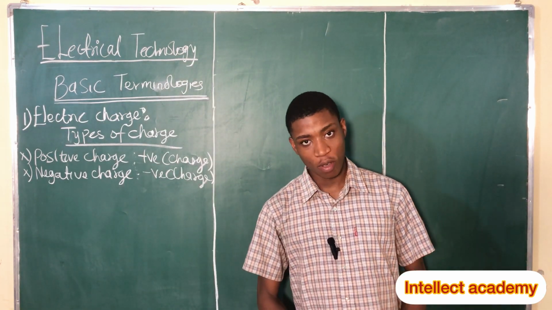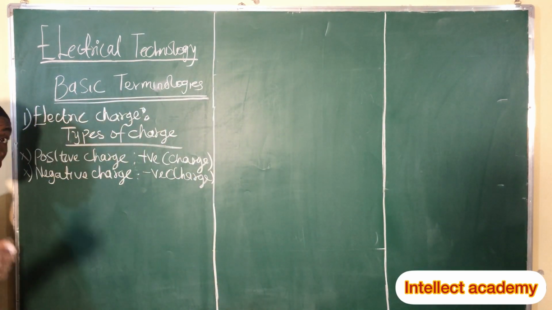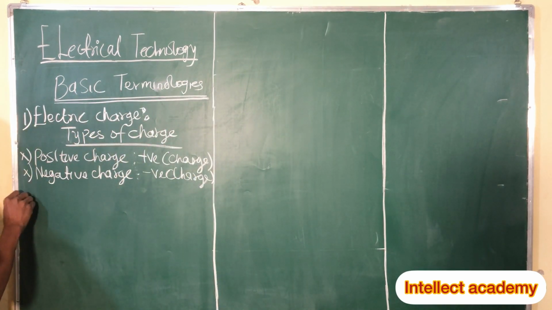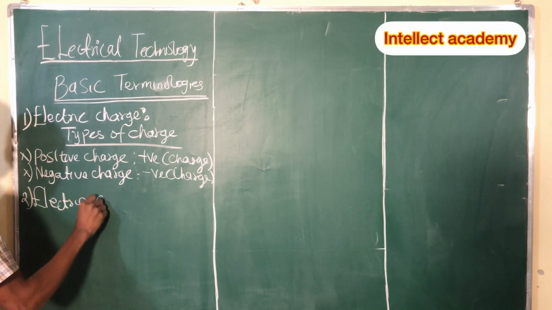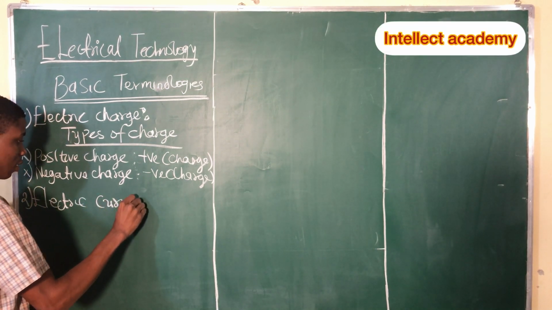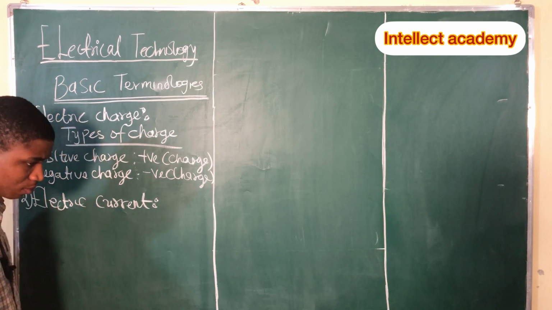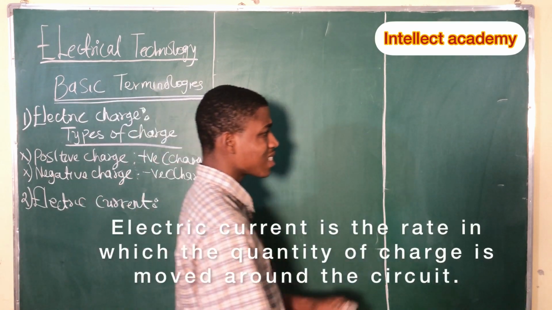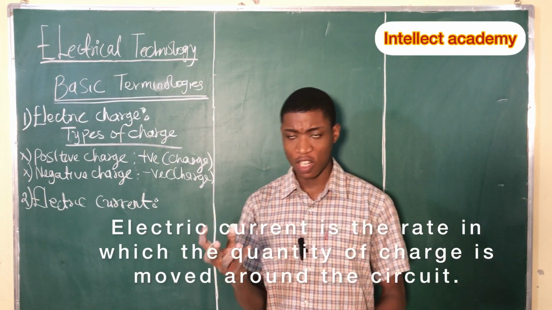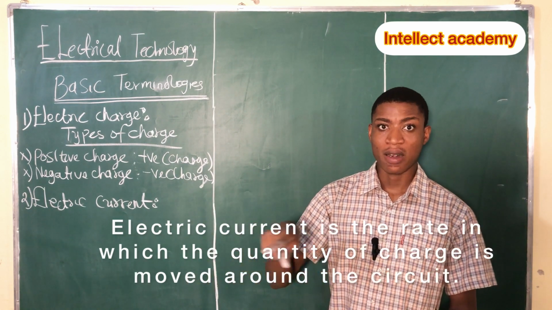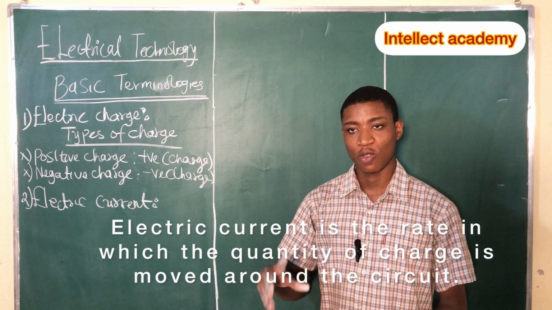So the next terminology we're going to take note of is electric current. Very important. So now, what is electric current? Take note, it is the rate at which the quantity of charge moves around the electric circuit.